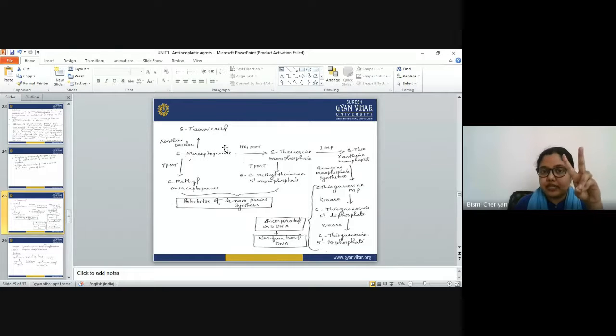So second method is this: 6-mercaptopurine is converted into 6-thioinosine monophosphate in the presence of HGPRT.